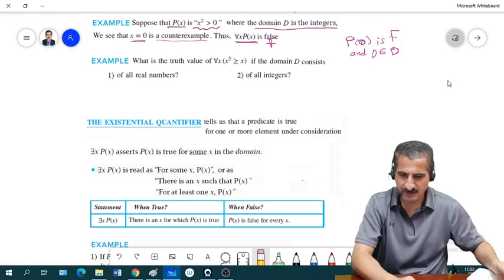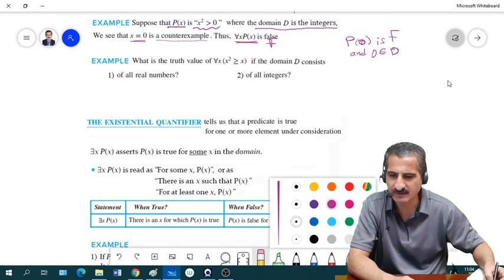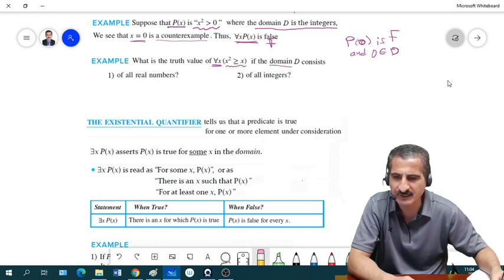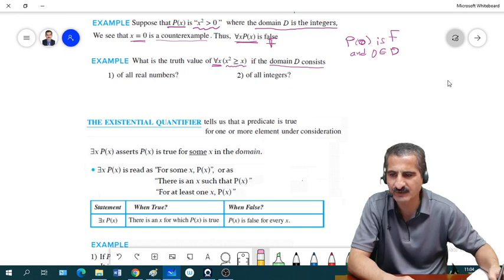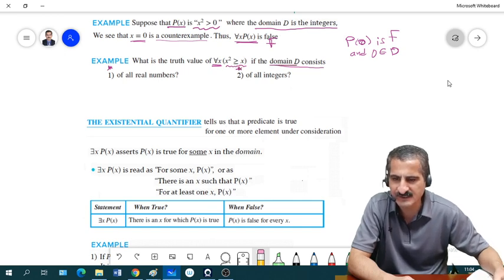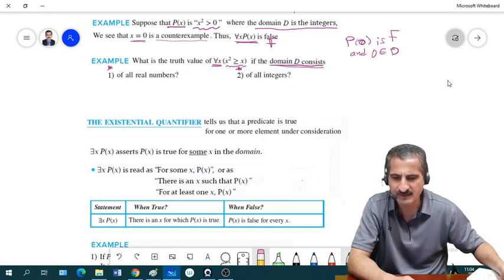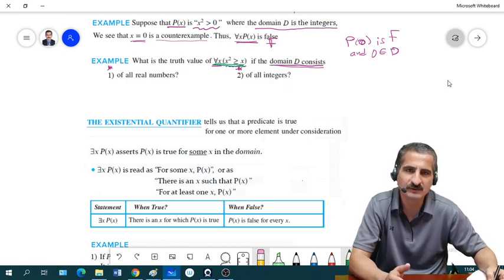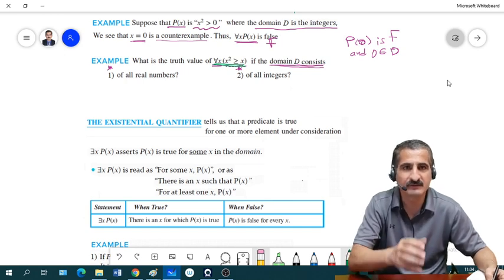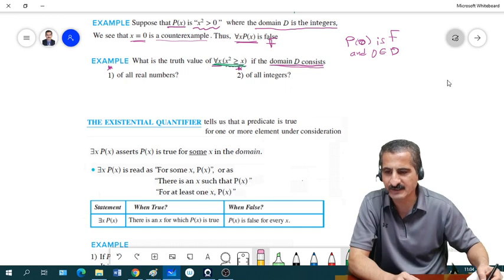Now, here again we have the same statement, for every x, x squared is greater than or equal to x. Now our domain here consists of either real numbers or integers. Now the very same predicate here might be true at some domain and false at some other domain. Let us see.